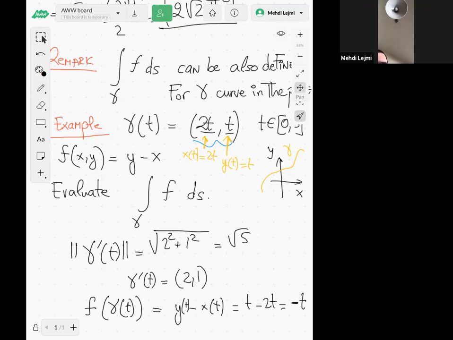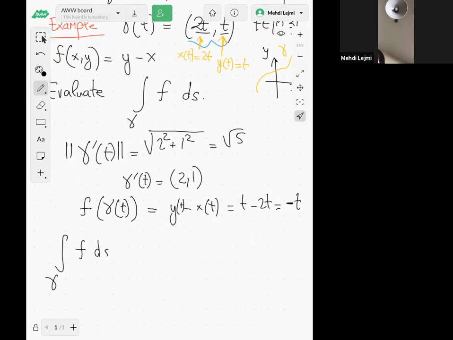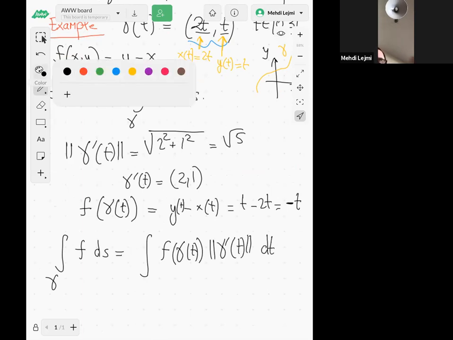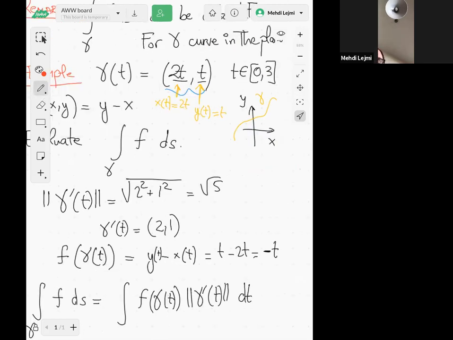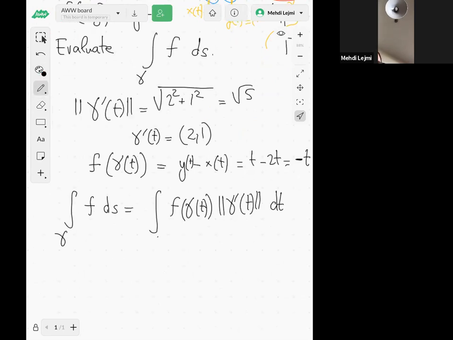Okay, so then this integral of f along the curve gamma is equal to, let me write down the definition for you, the integral of f of gamma of t times the length of gamma prime of t, dt. We said in the problem that t is in the interval 0 to 3, so we're going to integrate from 0 to 3.